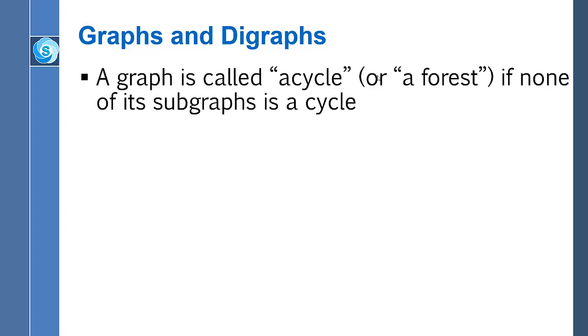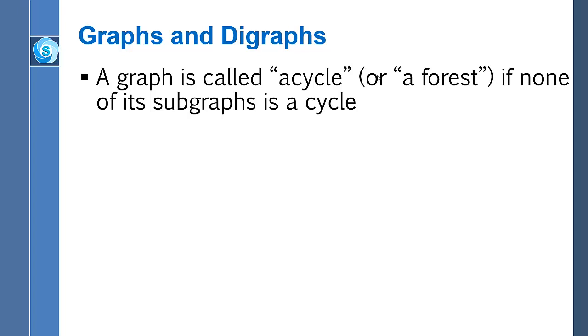And the cycles inside a graph figure into graph theory in lots of interesting ways. But the most fundamental thing we can ask about a graph is, does it or doesn't it contain a subgraph that is a cycle? Okay?